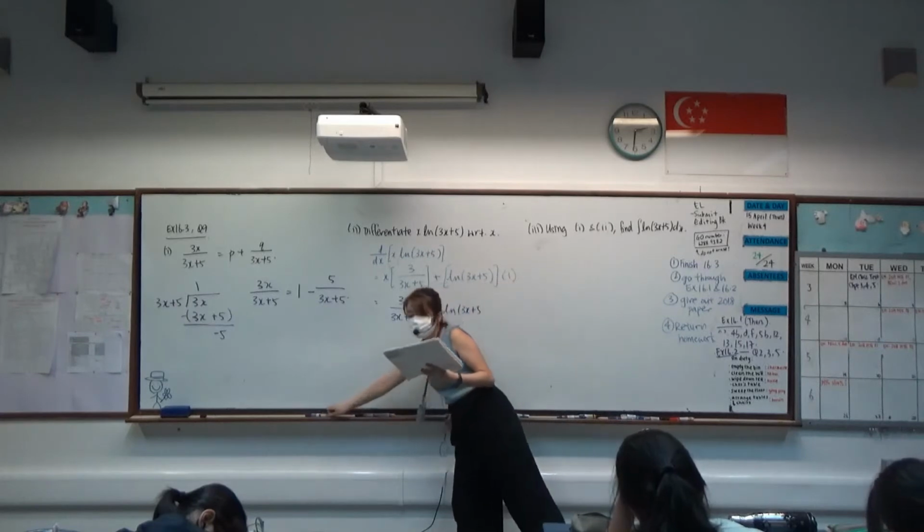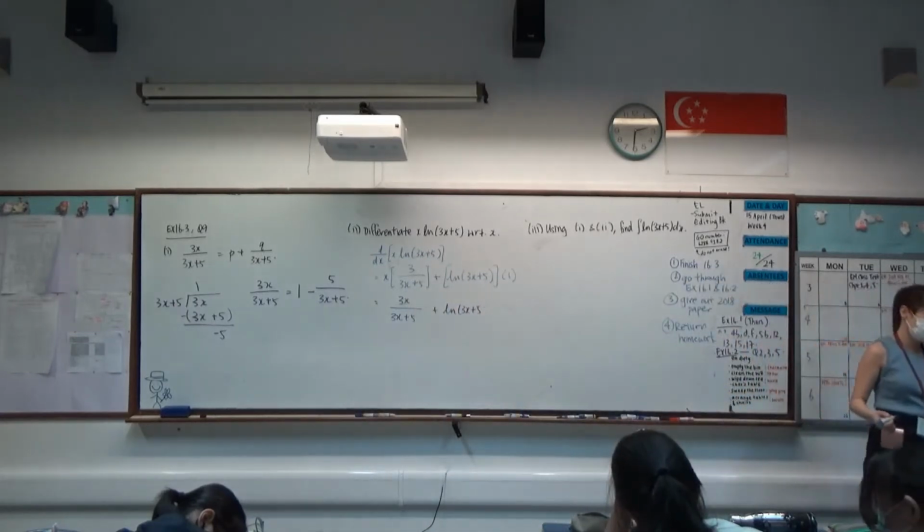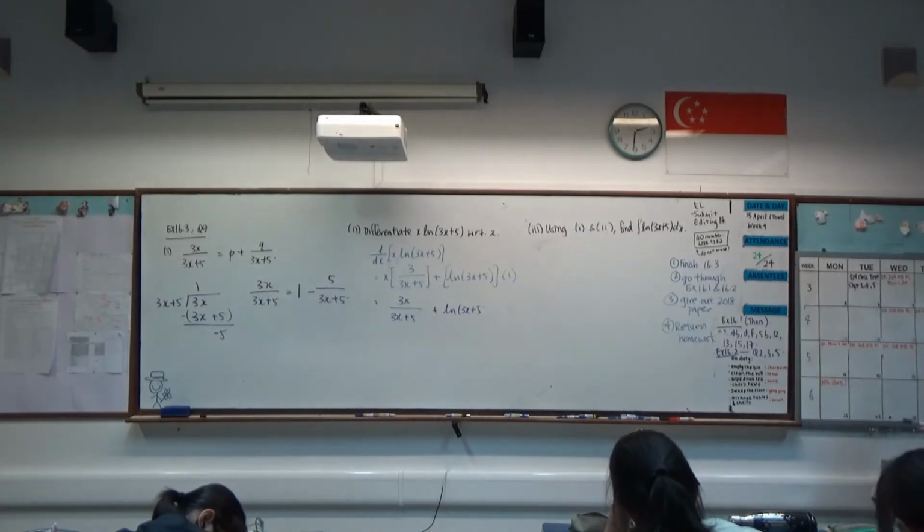Okay, then in part 3, we want to use the results in part I and part 2 to find the integration of ln 3x plus 5.